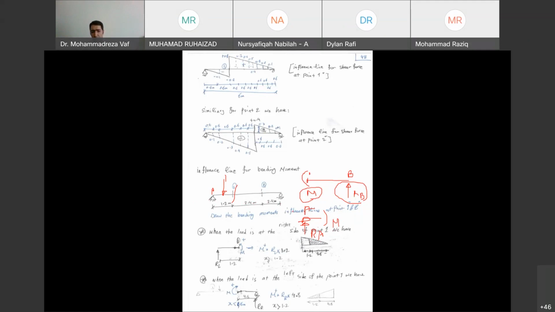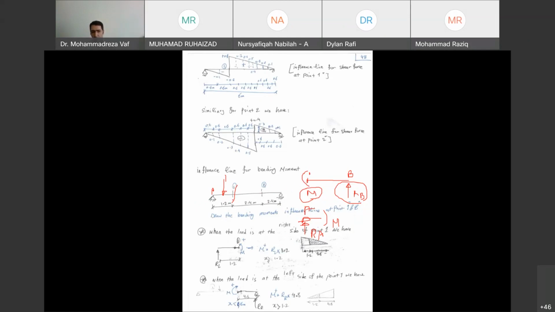It is important to know that we can always calculate the influence line of bending moment from the influence lines of support reactions by cutting the beam at the location of interest and looking at the right side or left side. Normally when we cut, we look at the side that doesn't have the load.